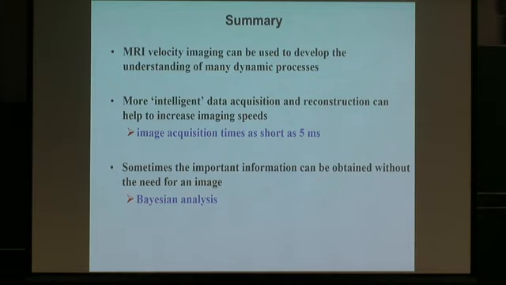I think one of the things we started at, and an interesting development, will be thinking about more intelligent both data acquisition, what data points we want to acquire, and also reconstruction, if there are ways that we can introduce extra bits of information, whether it be what data points we then acquire later on, or different bits of information into the reconstruction, some of which we've seen today, to help reduce acquisition times further, or get greater spatial information within the system.